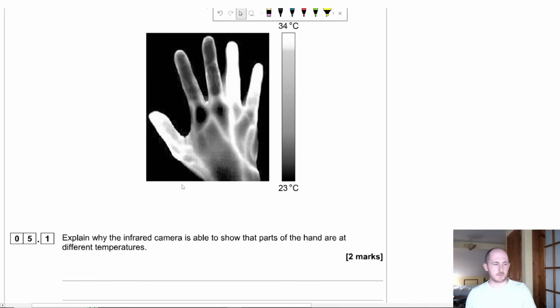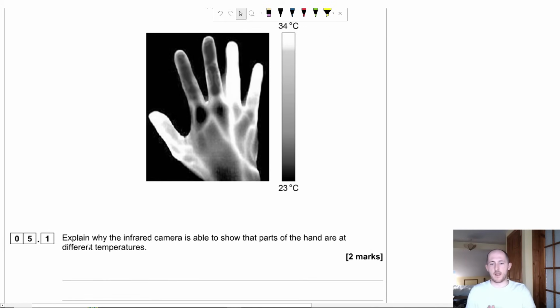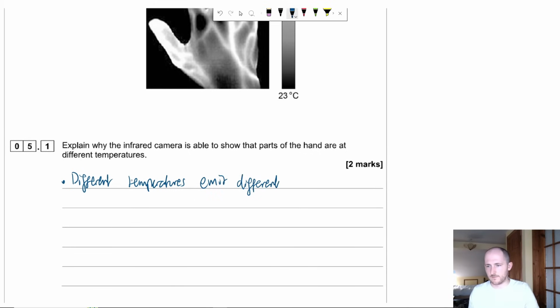Anyways, so explain why the infrared camera is able to show that different parts of the hand are at different temperatures. Well, again, I mentioned before that infrared radiation is associated with heat. The hotter something is, the more infrared radiation it gives off. Okay? That's pretty much the basis of our answer now. So different temperatures emit different intensities of infrared radiation, so of IR.